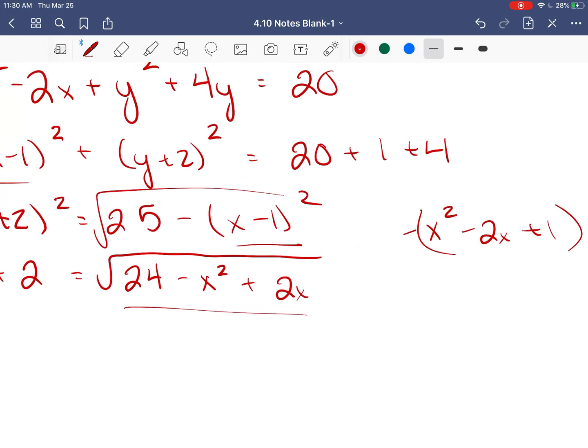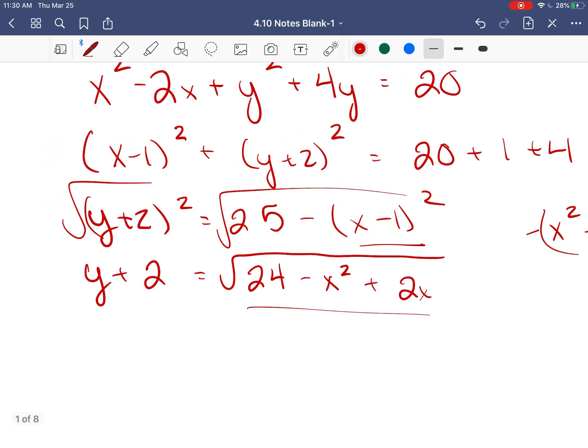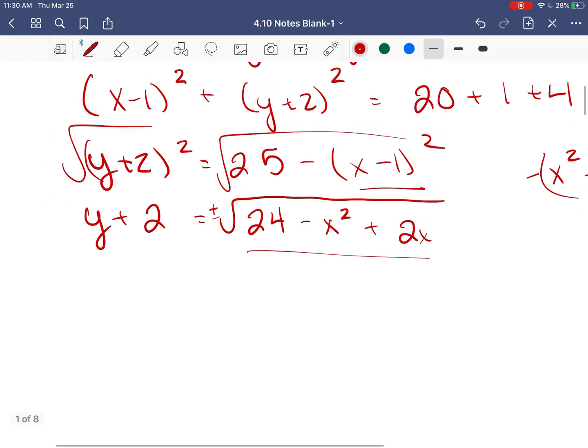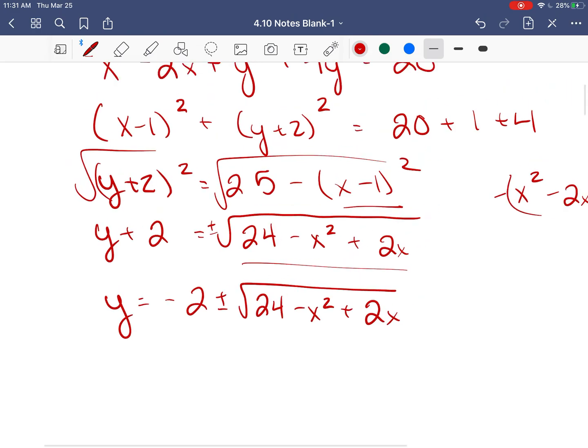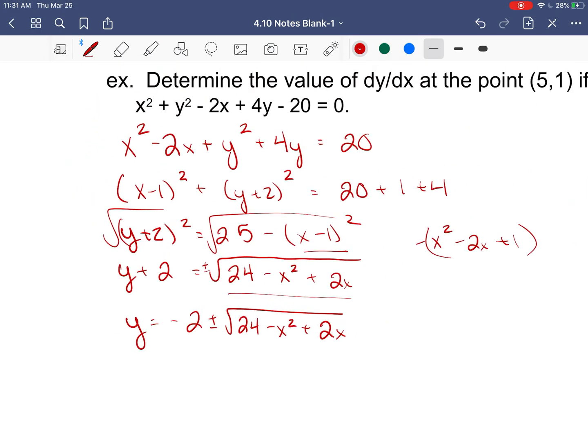Simplified, it looks like that. Because we squared, we're going to get plus or minus. So now we've got y is equal to negative 2 plus or minus the square root of 24 minus x squared plus 2x. We haven't even taken the derivative yet.